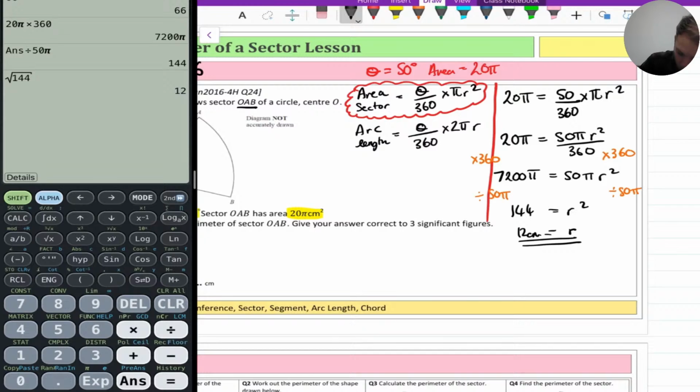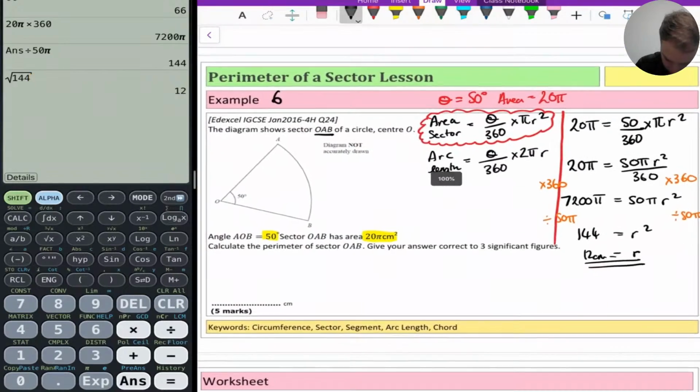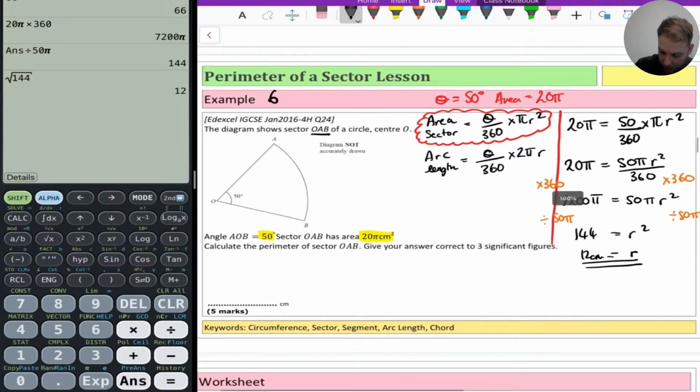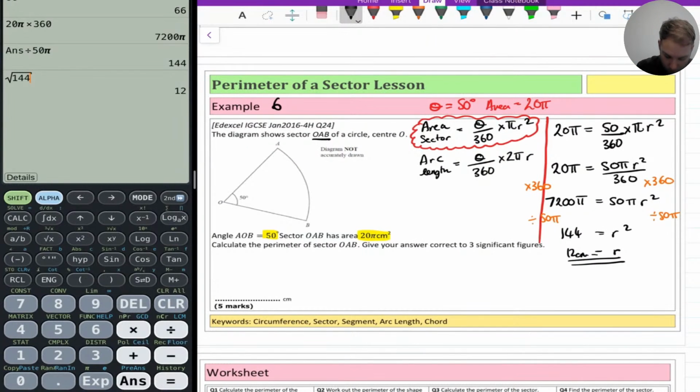Once you know what the radius is, this becomes a little easier. Because once we know what the radius is, we can then start to find out the arc length, and we know that the arc length is this one here. So we now know that the radius here is 12, so this is 12 and this is 12.